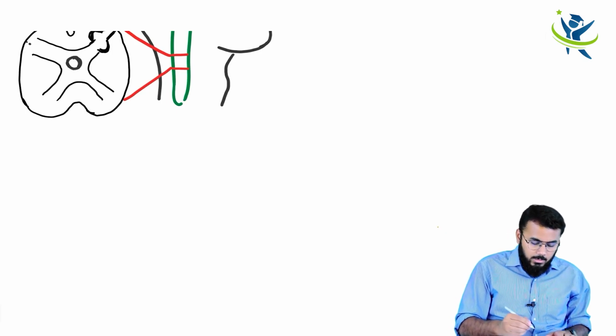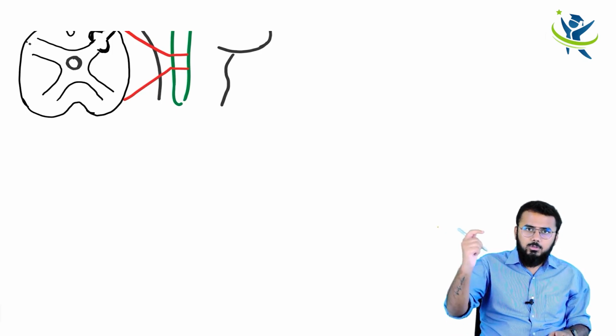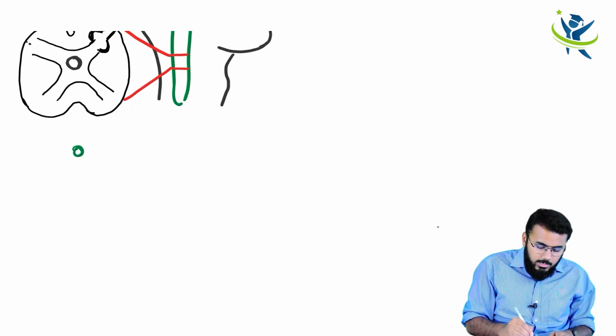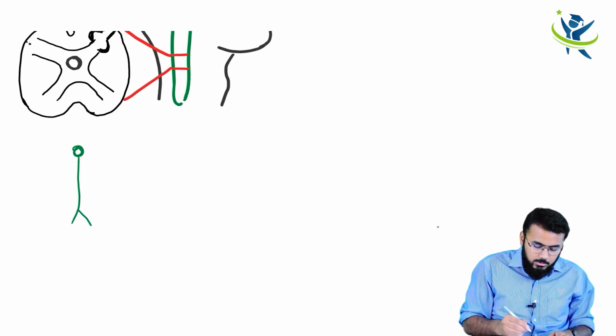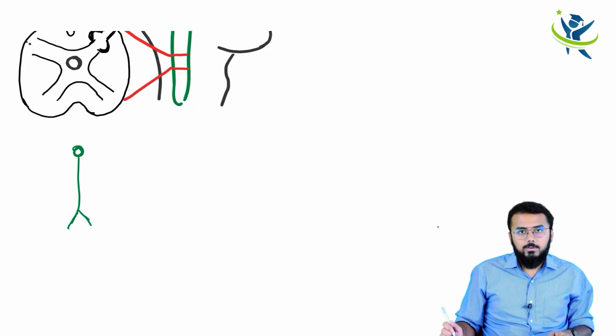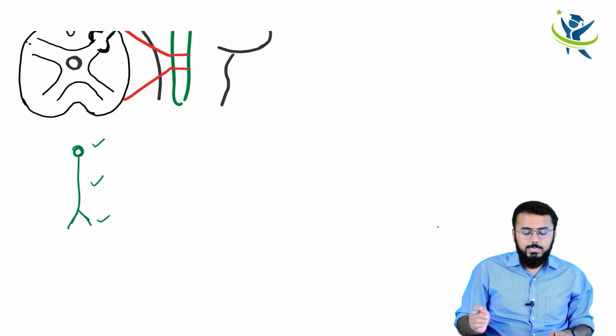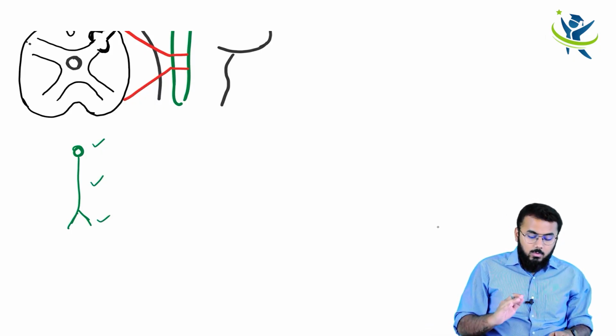The first order neurons, the dorsal neurons, how do they look? Let me draw the picture. This is the basic structure of a neuron: this is the cell body, this is the axon, and these are the dendrites. Now the dorsal root ganglion neurons look like this.